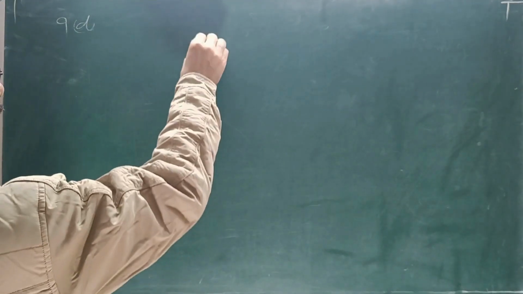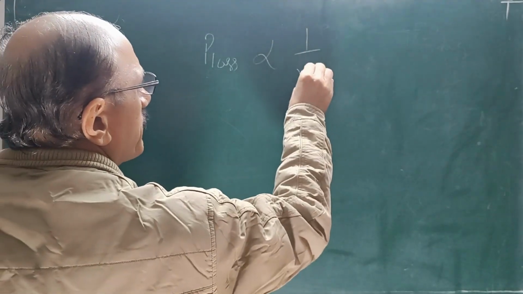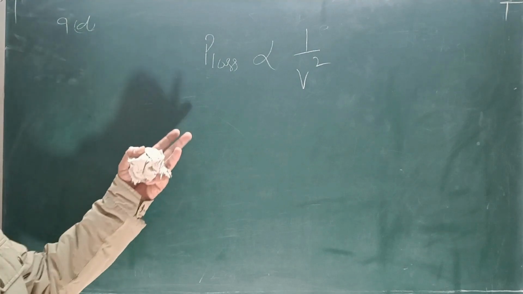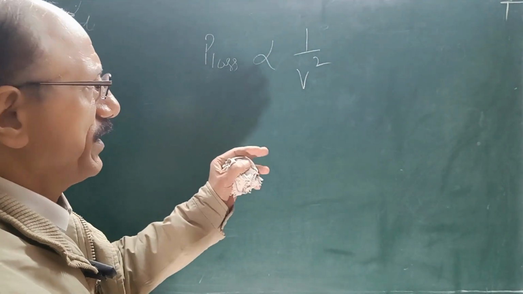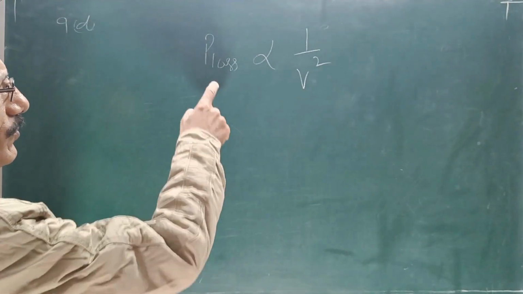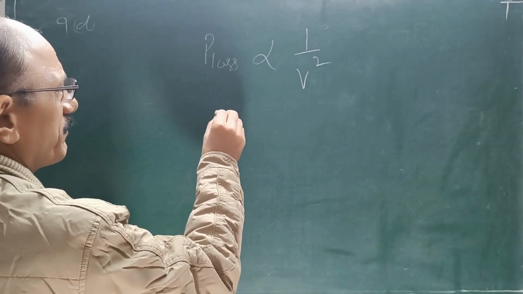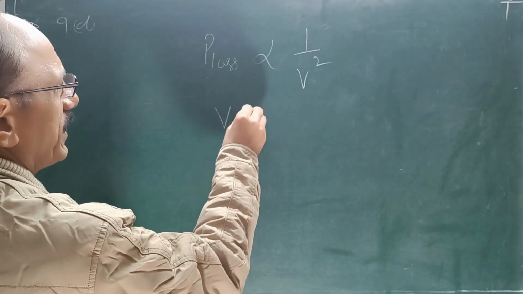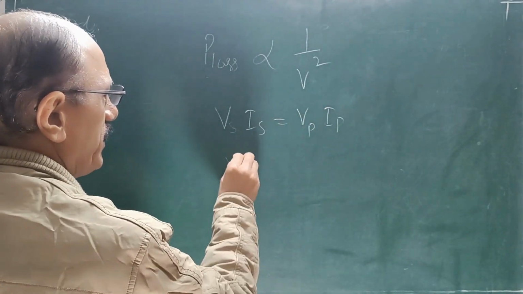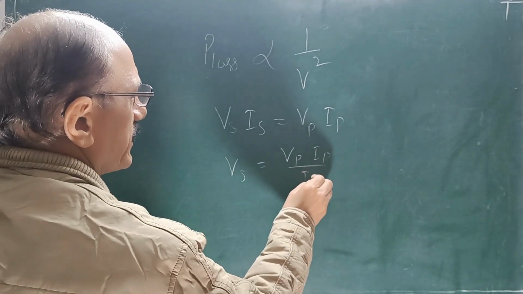As we know, the power loss for long transmission is inversely proportional to V squared, and that is why while we transmit power from the power station, we step up the voltage to minimize the power loss. According to the principle of the transformer, Vs into Is equals Vp into Ip, so Vs equals Vp Ip upon Is.